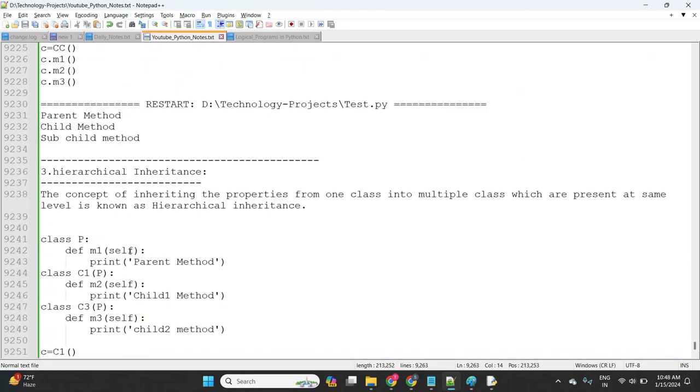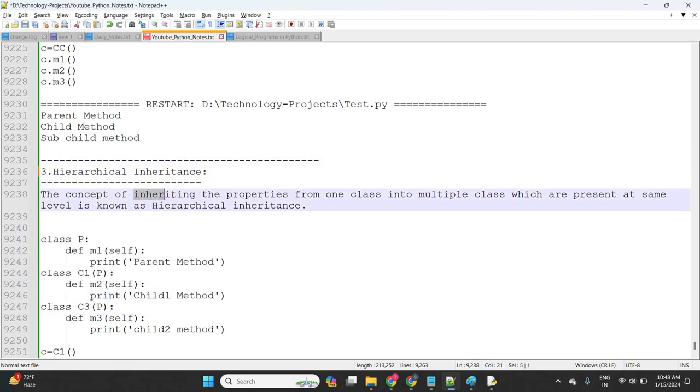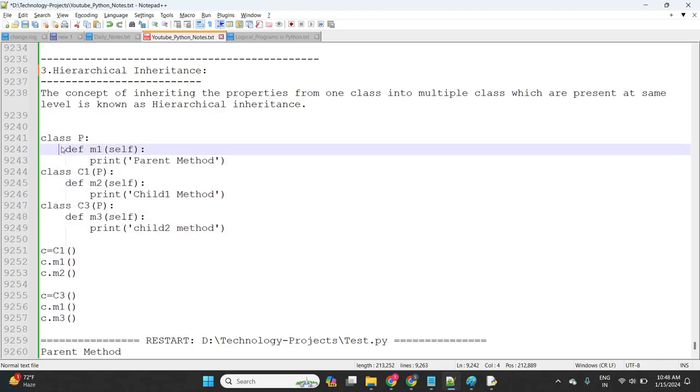Observe one more time. Hierarchical inheritance means the concept of inheriting the properties from one class into multiple classes which are present at the same level is known as hierarchical inheritance. With respect to programming, this is the program.